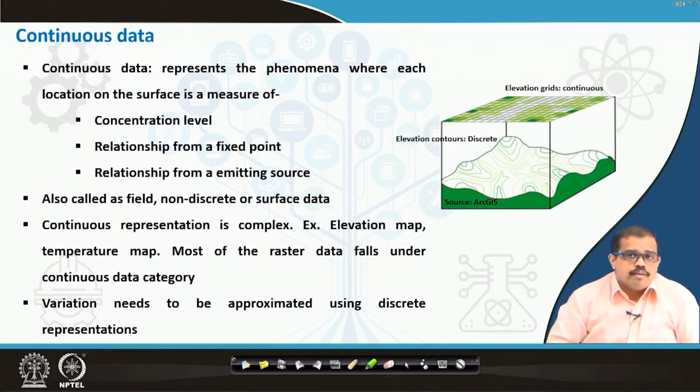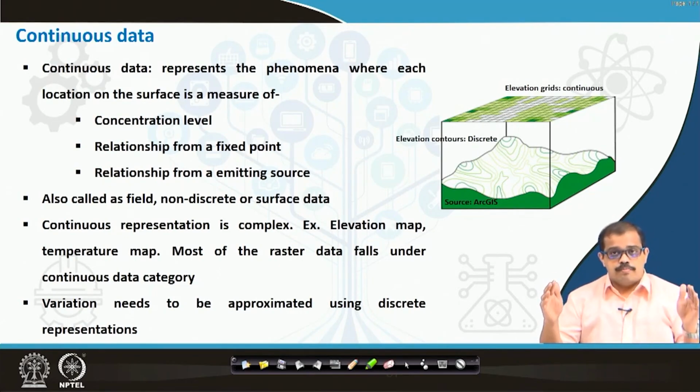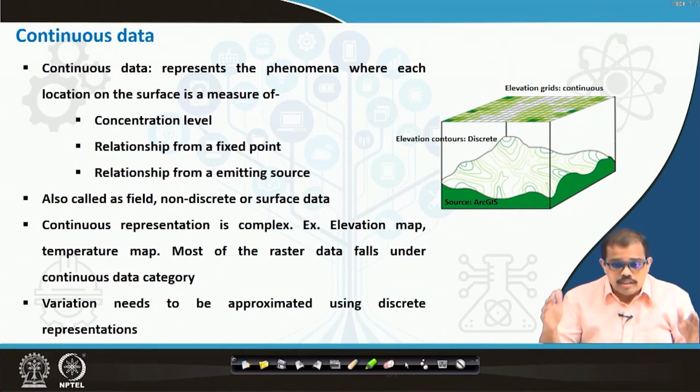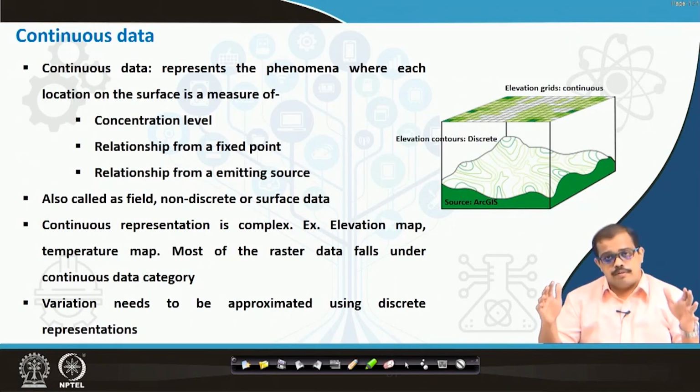So, when you look at this, you are collecting every point on the earth's surface as a pixel. Based on the size that your sensor is able to look at on the ground, you will be able to collect so much information.